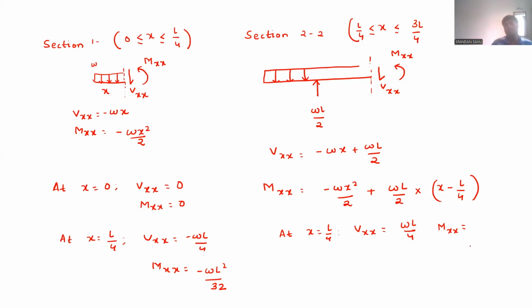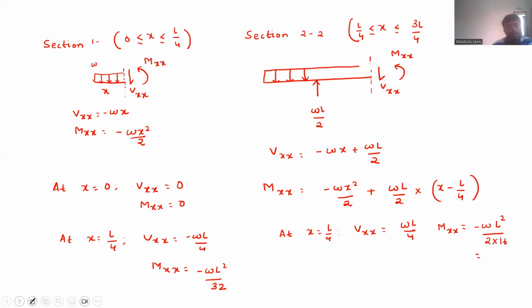Please tell me how much you are getting. So you will be getting minus WL square upon 16 into 2, that will be 32.